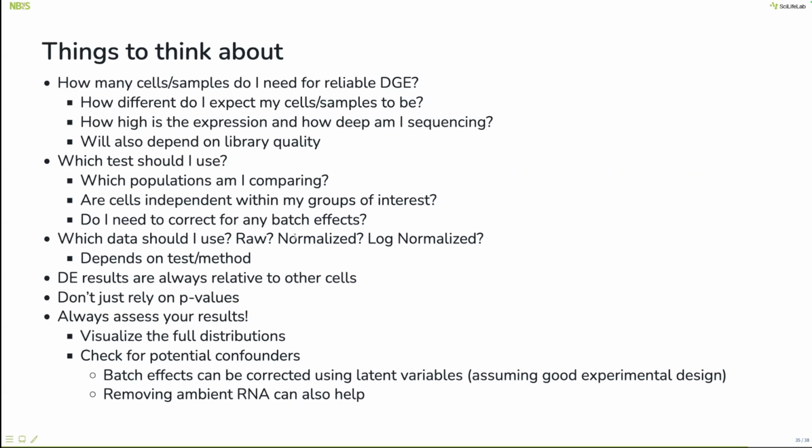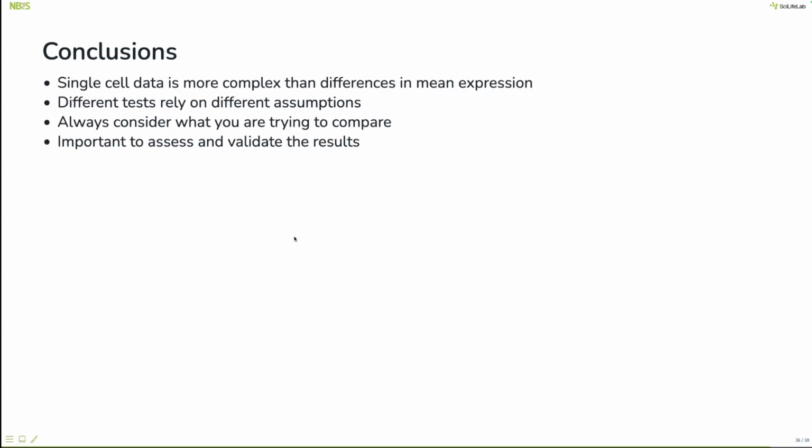So in conclusion, remember that single cell data is more complex than just differences in mean expression. So going back to looking at distributions, the different tests rely on different assumptions. So consider those when you choose your tests, and also when you interpret the tests that other people have used. Always consider the populations that you're trying to compare.